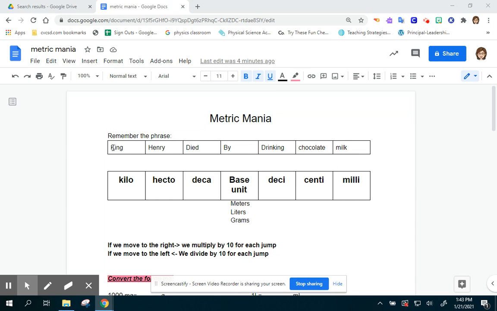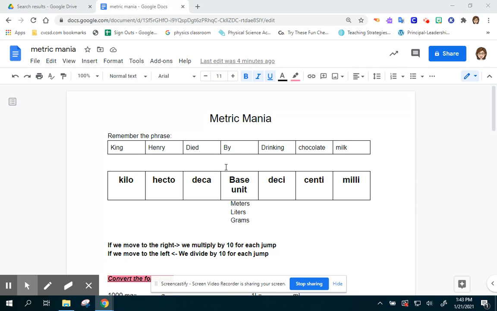So we look at the first letter for each of those words, and that tells us what the prefix we are going to use will be. So K is for kilo, H is for hecto, the first D is for deca, B is our base unit, D for drinking is deci, and then C is centi, and M is milli.